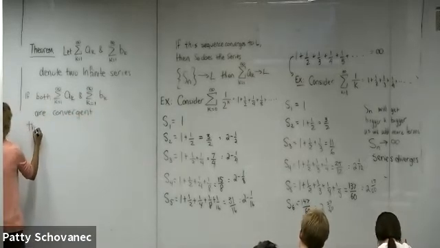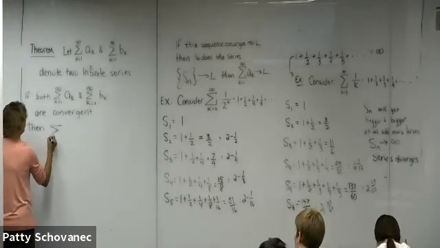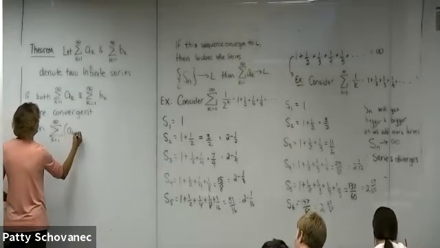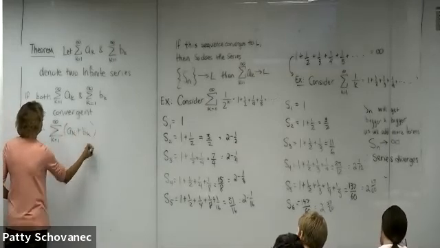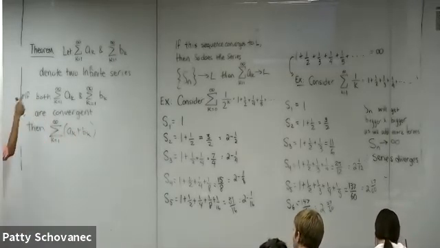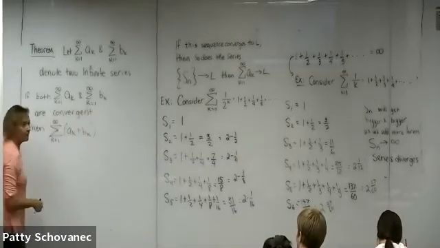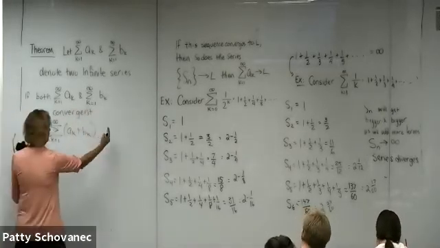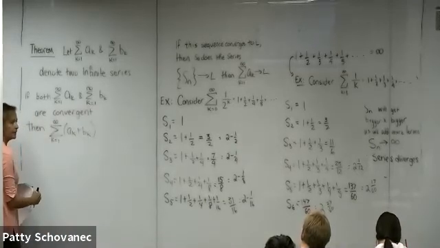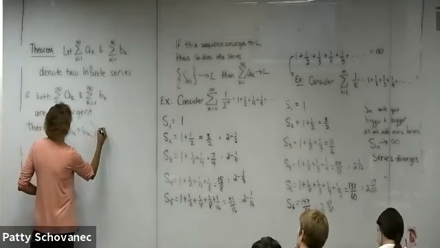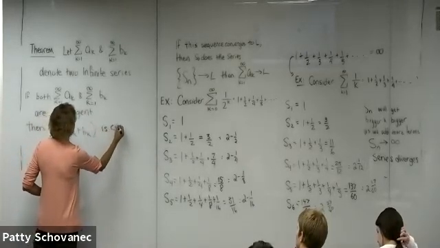Then if I make this new series where I add them together, if by itself adding up all the a_k converges, and by itself adding up all the b_k converges, what do you bet that together it converges? The sum of 2 convergent series is convergent.